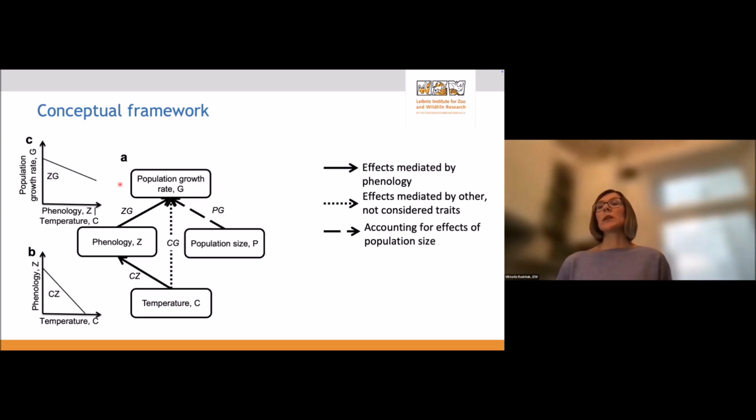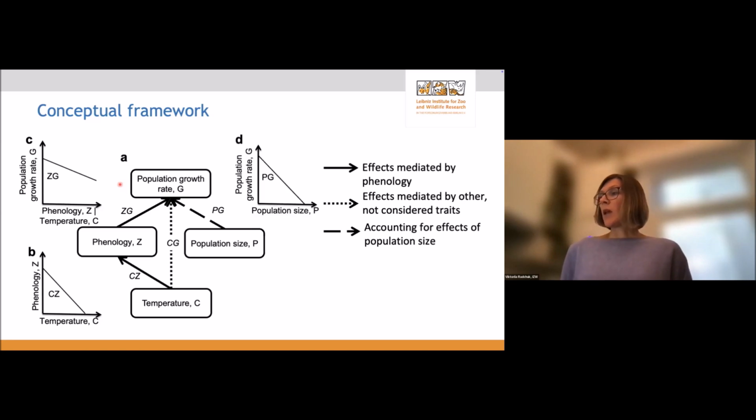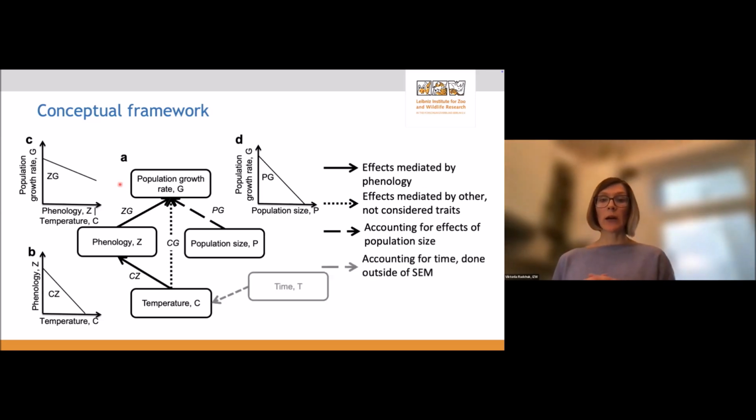And ZG is the effect of phenology on population growth rate while accounting for temperature and population size. We also account for population size to account for the widespread density dependence found in natural populations. And we did account for time prior to the analysis by detrending our climatic variable before fitting the SEM.